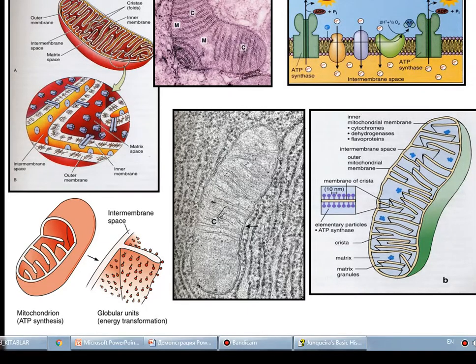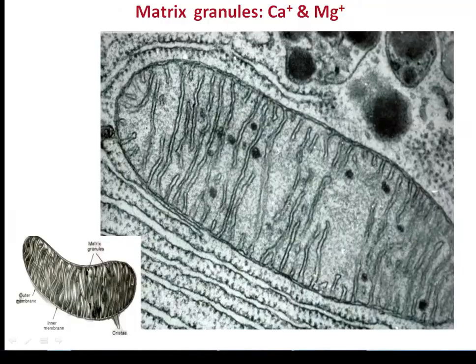Now we will look at the matrix of the mitochondria. The matrix space is filled with a dense fluid composed of at least 50% proteins, which accounts for its viscosity.